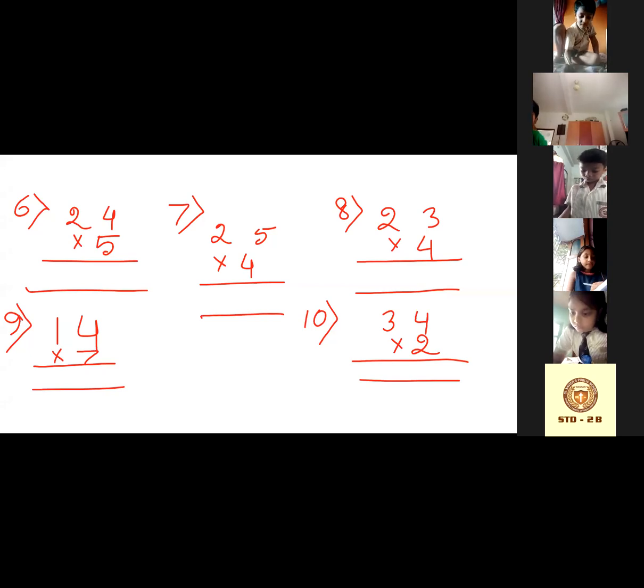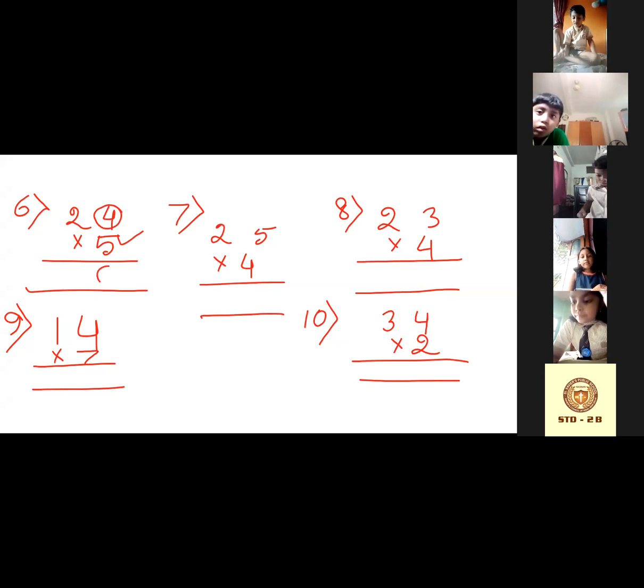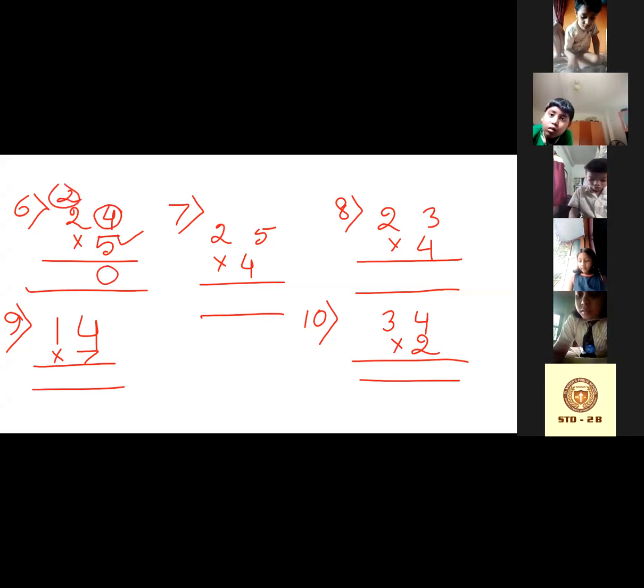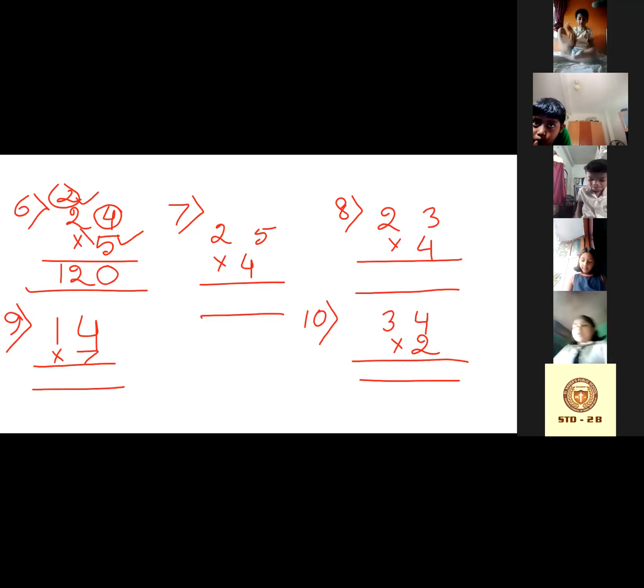Now let me show you the solution. Look at this. It is 4. 4 5s are 20. 0 will be there. 2 will be carry forward digit. Now 5 2s are 10 plus this 2. 12. It is 120. Okay, complete it.